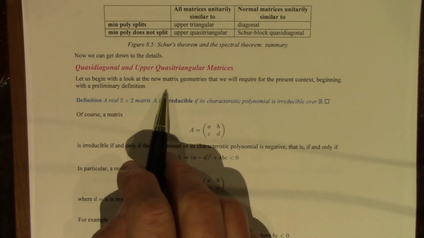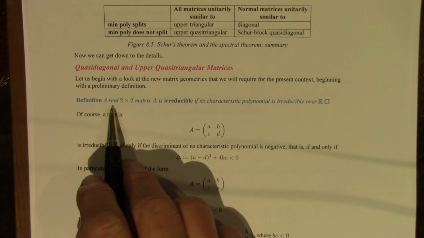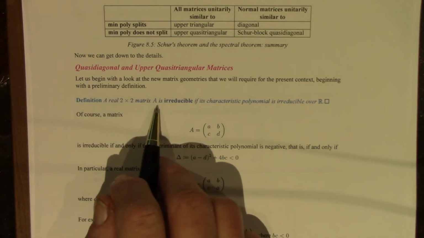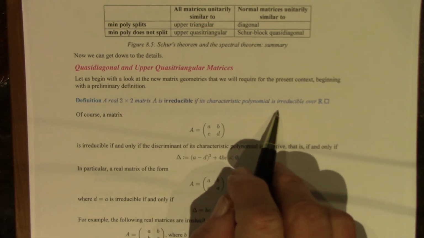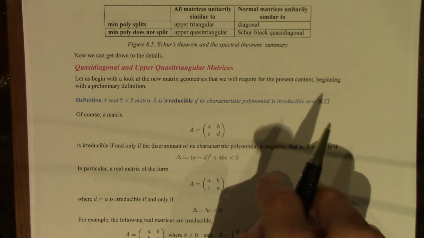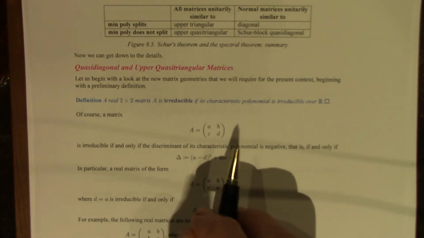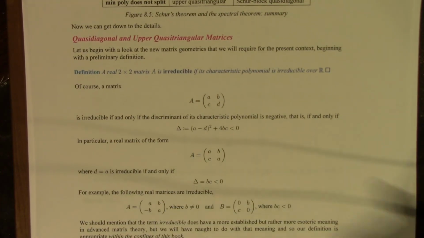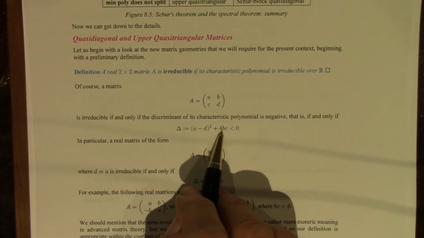The first step is a preliminary definition. A real 2x2 matrix A is irreducible if its characteristic polynomial is irreducible over R. It's easy to spot the irreducible matrices because the characteristic polynomial is just a quadratic. This is the discriminant of the characteristic polynomial.